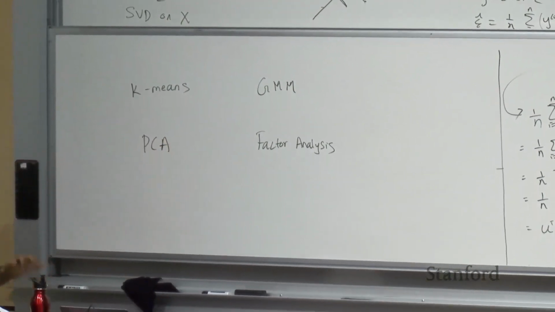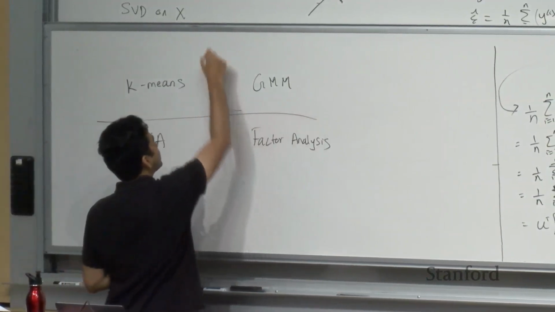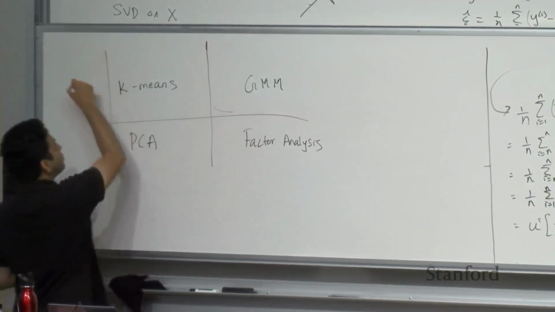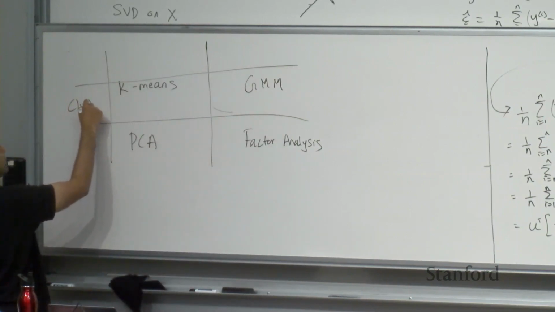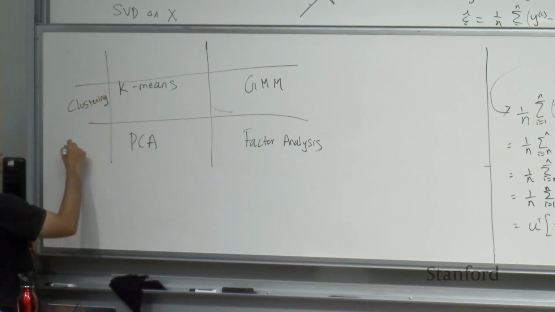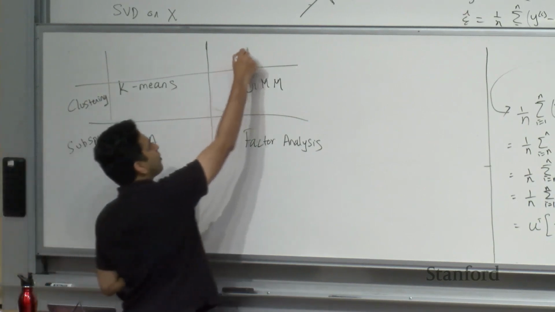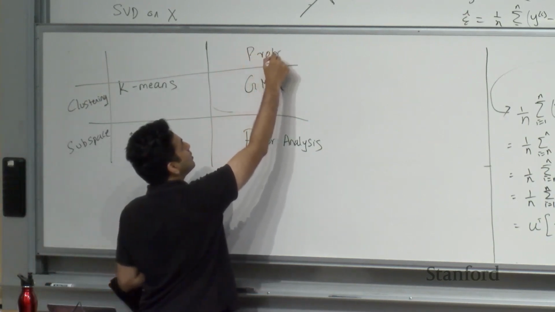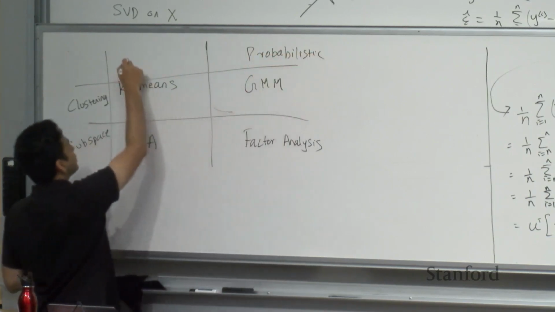Right? So we've studied 4 algorithms so far, and you can classify them in 2 different ways. These you can call clustering algorithms, and these you can call subspace algorithms. These were probabilistic, and these were non-probabilistic.